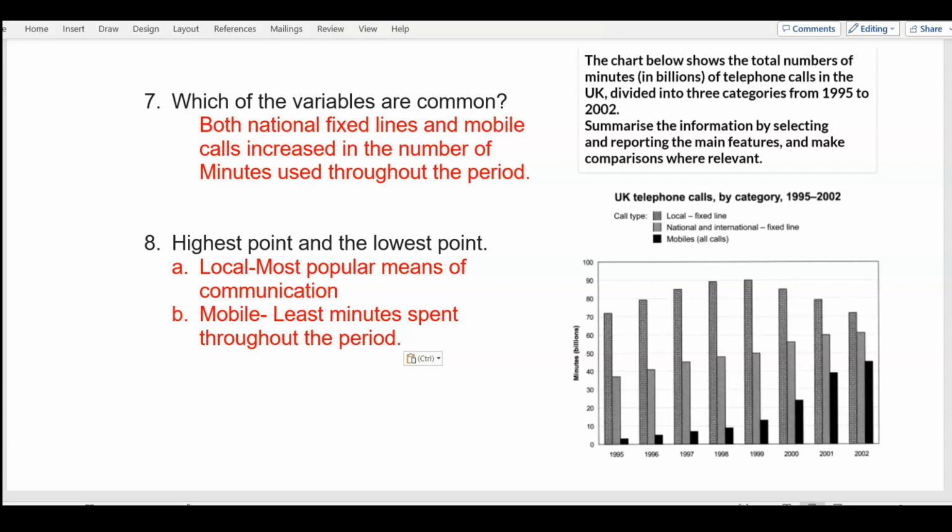Now that we've been able to get the key answers, we can summarize the most obvious features among them to write our essay. You have to take note that your features must cover the variables in the test. So how many variables do we have? Local, national, mobile.